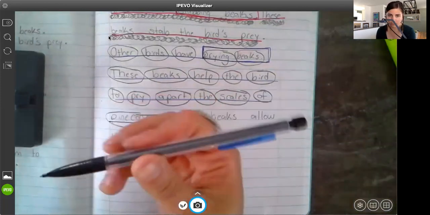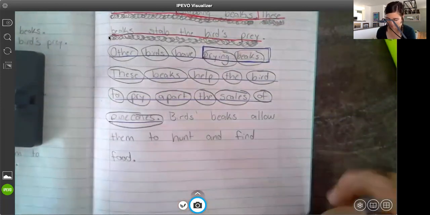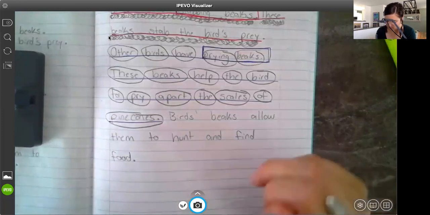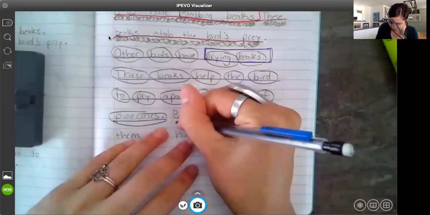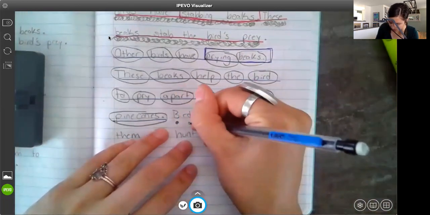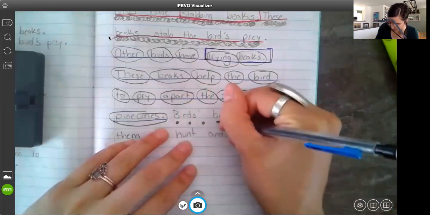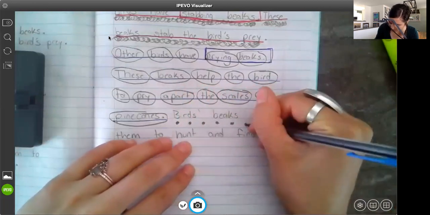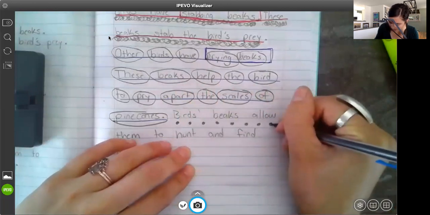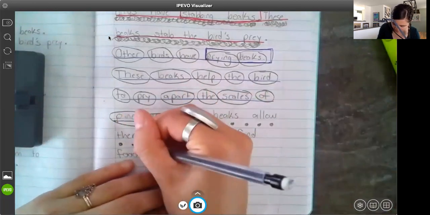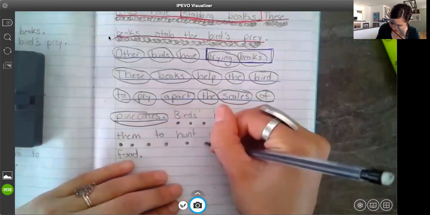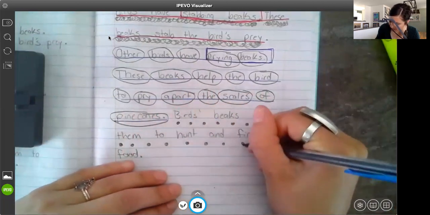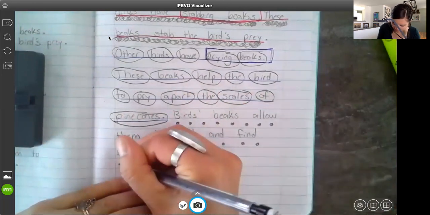So I'm going to do it in pencil just in case some of you don't have any other colors. Birds' beaks allow them to hunt and find food. I'm going to put circles underneath, dots. Birds' beaks allow them to hunt and find food.